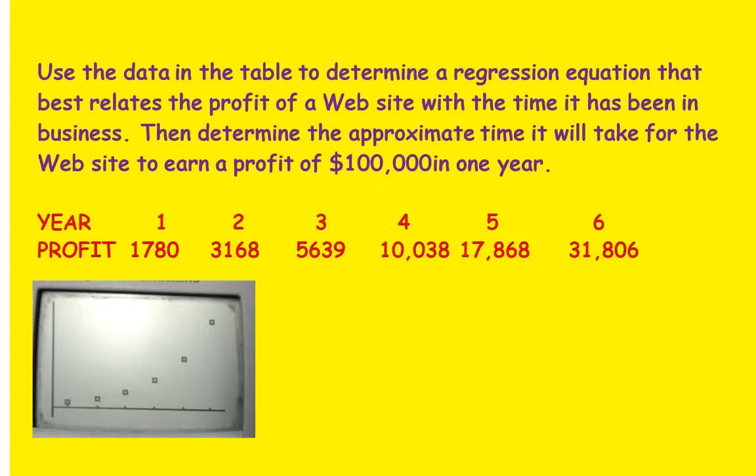Think about that for a second. Now, if you're not quite sure, I'm thinking, okay, maybe it could be a power or maybe it's an exponential. I'm going to run both of those. I'm going to show you what the correlation coefficient is going to be.